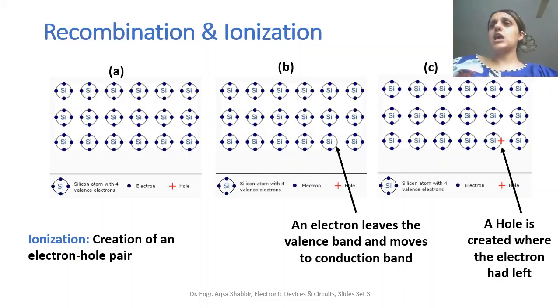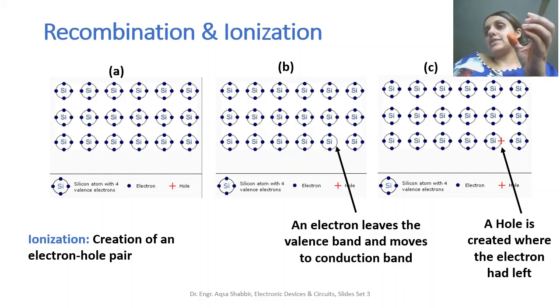Now figure C shows that the place from where a valence electron has left, a hole is created. So what is a hole? A hole is basically a deficiency of an electron. When an electron leaves, in place of it an empty hole or a socket is created. It's an empty vacancy, basically, which has been created because a certain electron has left its place.